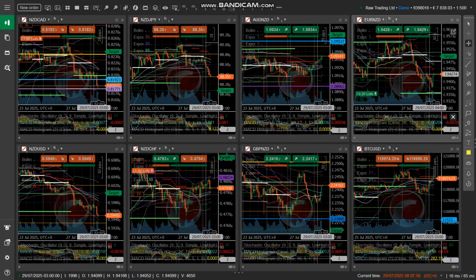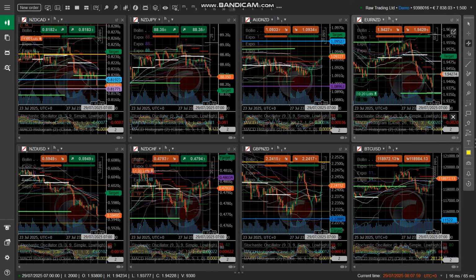They start moving up at the last candle, the London open candle. Every candle on Euro, on New Zealand, GBP New Zealand, Euro New Zealand, Aussie New Zealand.